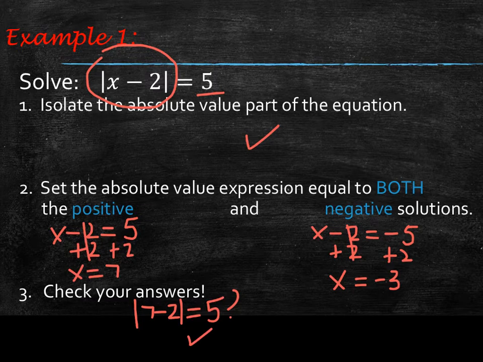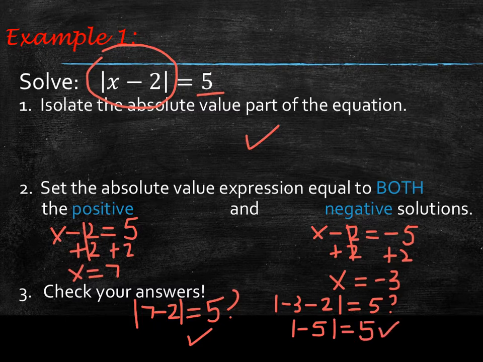And when I plug in negative 3 minus 2 in the absolute value bars, does that equal 5? We can see that that would be the absolute value of negative 5, which does in fact equal positive 5. So both solutions work.